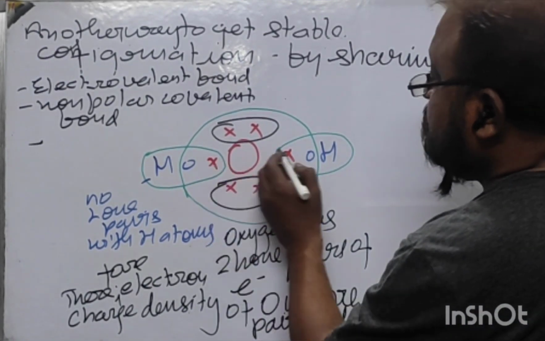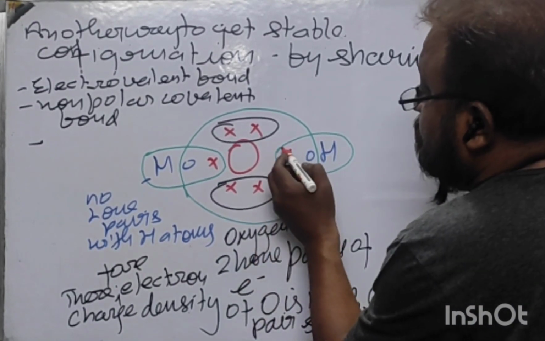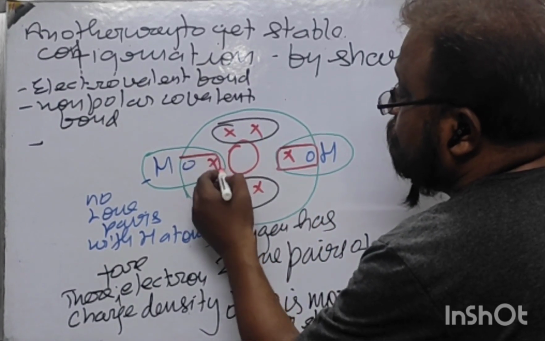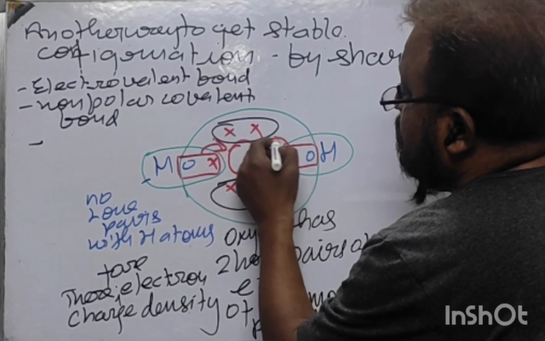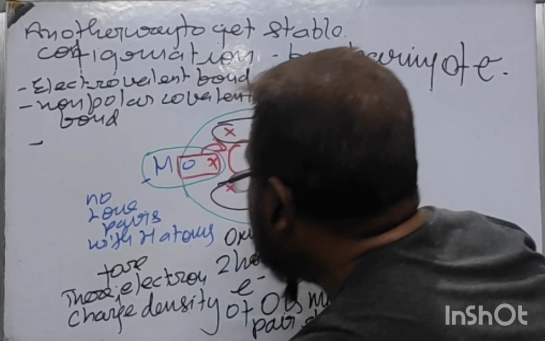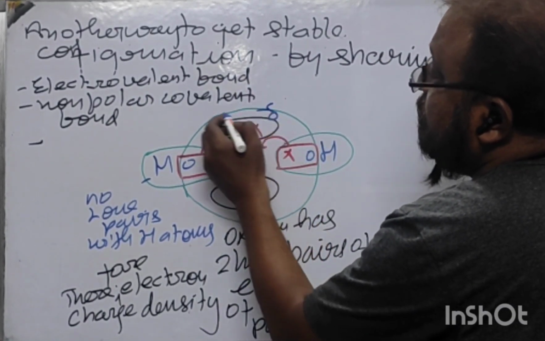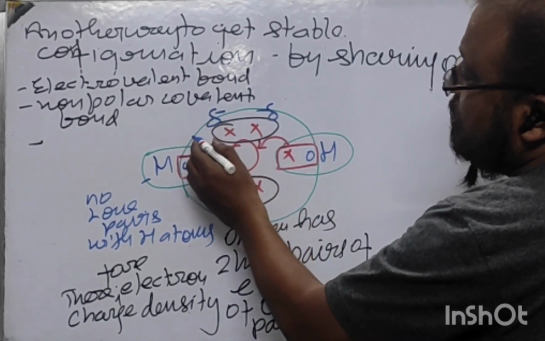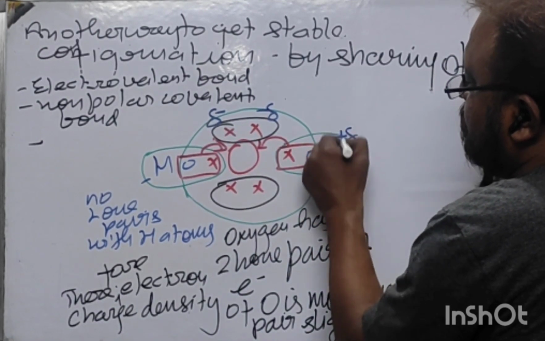So these shared electron pairs slightly move towards oxygen, and develop a partial negative charge on oxygen. And since oxygen gets a partial negative charge, the hydrogen atom gets a partial positive charge.